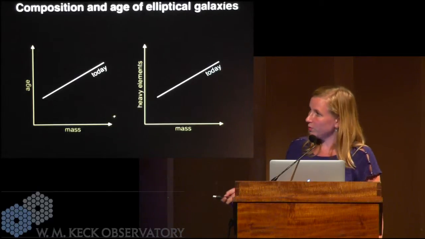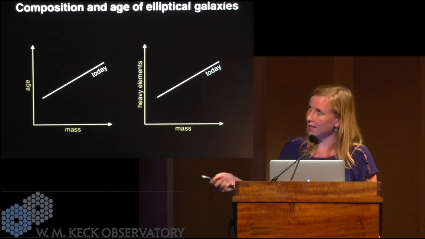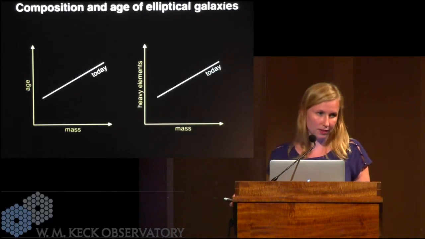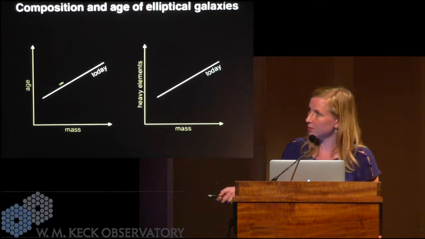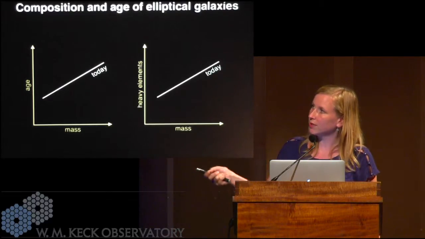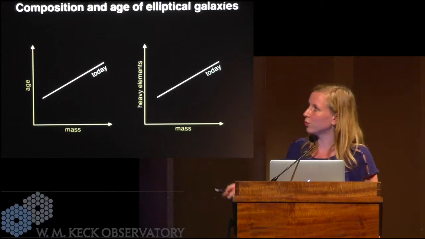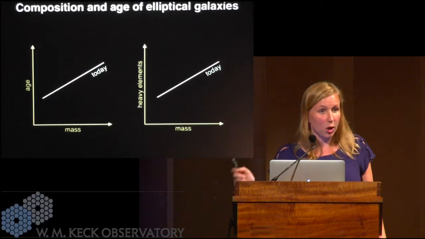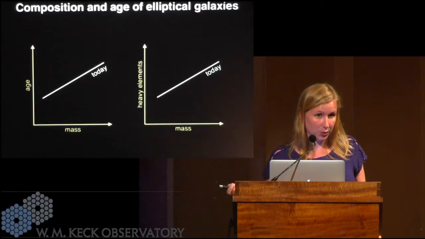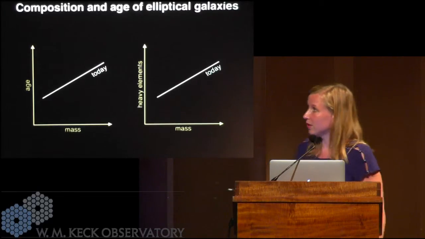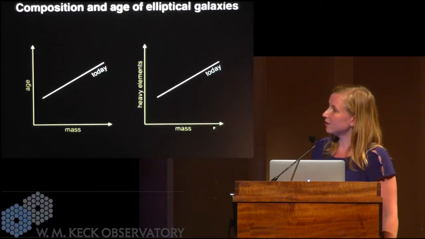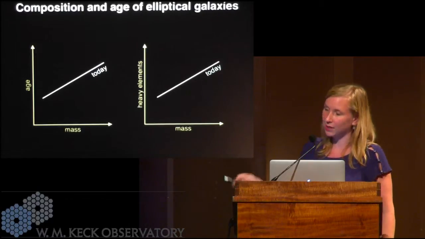So you see that the more massive galaxies are slightly older than the less massive galaxies. That's basically what the red sequence is telling us, because you see there's a slope, there's a trend here that's going up. So the more massive galaxies are older. But this is not the only trend that we see in elliptical galaxies. What we also see is that elliptical galaxies that are more massive also have heavier elements.